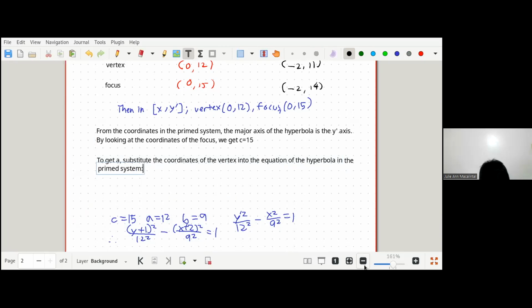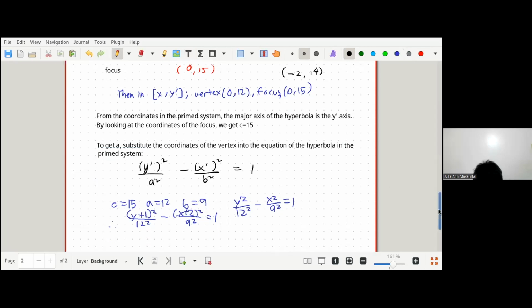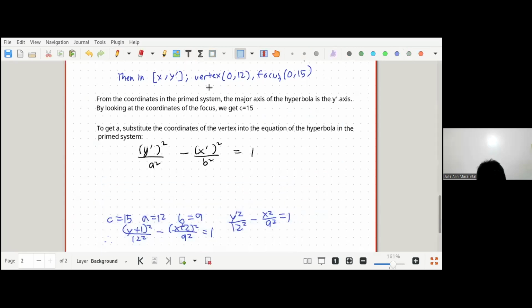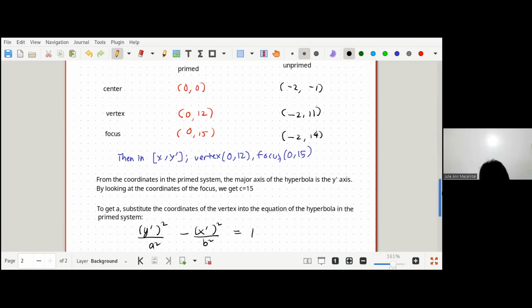So, ano yung equation in the primed system? So, y prime square over a square minus x prime square over b square is equal to 1. So, from there, makukuha natin na ano yung coordinates, diba?